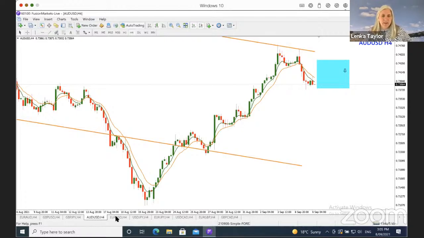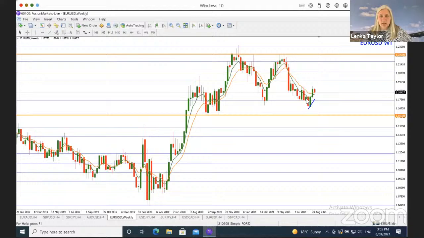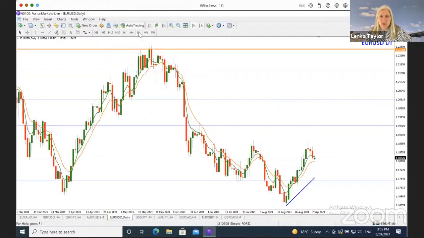All right, next currency pair I'm going to look at is Euro USD. And Euro USD, I'm looking for a long. I'm looking for the price to drop a little bit further though. On the weekly, it's a little bit of a ranging market, so I'm looking at the bottom of the range and taking the trade long in the upward direction.